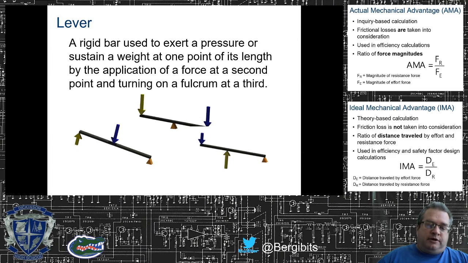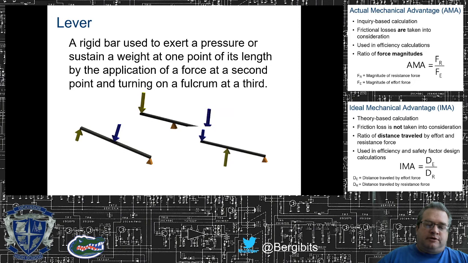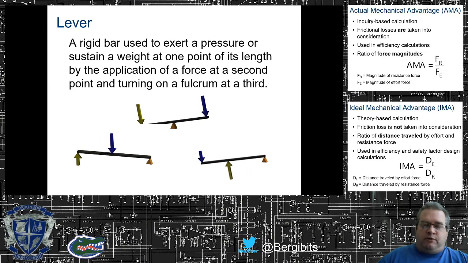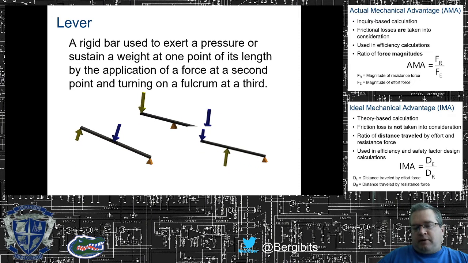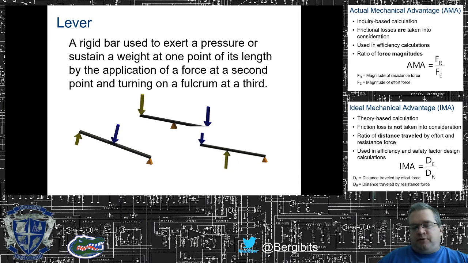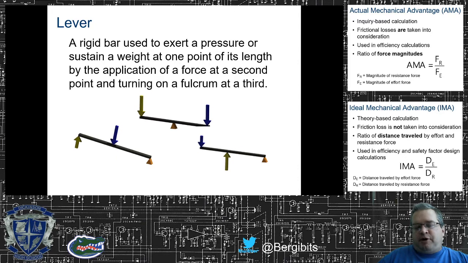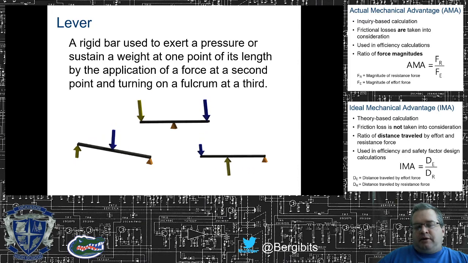Your effort is on the outside of the resistance, and resistance falls in between fulcrum and effort. The animation on the right has the resistance on the outside, effort on the bottom, and it's going to have a mechanical advantage of less than 1.